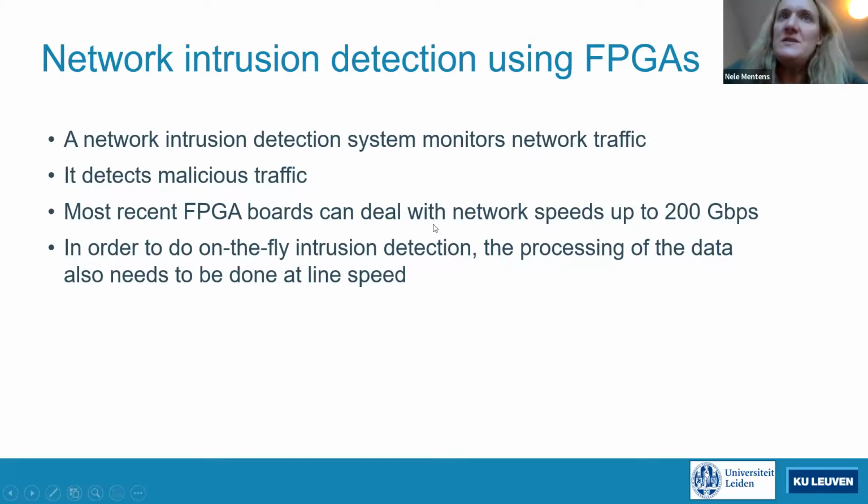When we look at most recent FPGA boards, they can deal with network speeds up to 200 gigabit per second, and there are even boards out there now that can handle 400 gigabit per second.